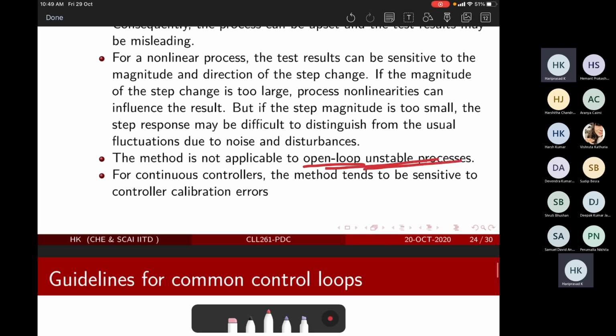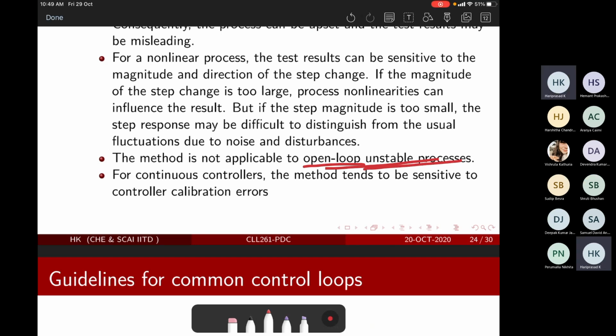Again, the problem here is that if it is an open loop unstable process, you cannot do it, because when you do a test, it is going to make your system unstable. It is the same problem that Ziegler-Nichols has.